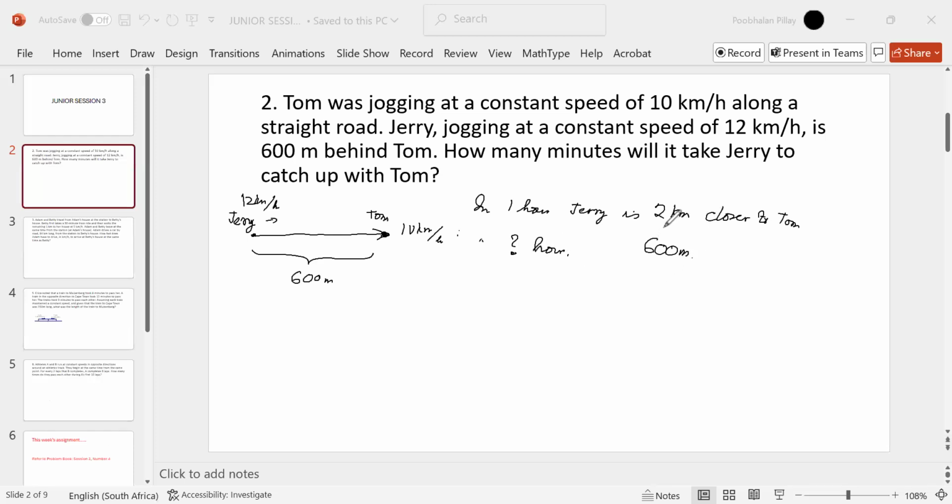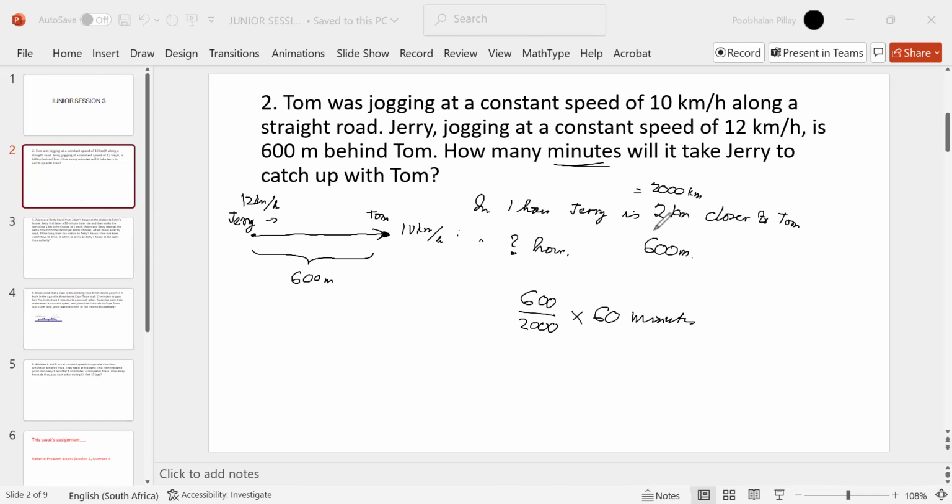Okay, so let's convert everything to the same unit. 2 kilometers is the same as 2,000 meters. 1 kilometer is 1,000 meters. So now, you would take 1 hour to cover 2,000 meters. So the question is, how long would it take him to cover 600 meters? So it's a fraction, 600 over 2,000, of 1 hour. We might as well convert that to 60, because the question was, in how many minutes? So you convert the hour into 60 minutes.